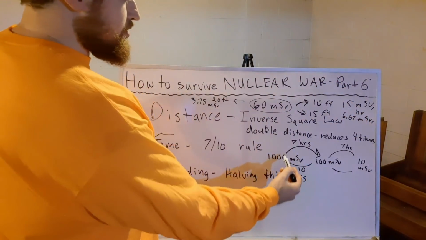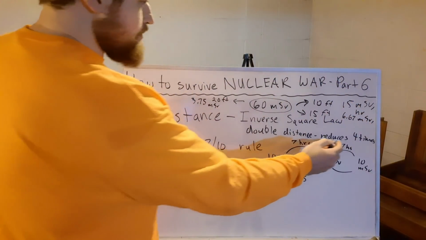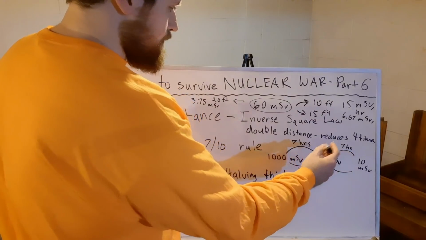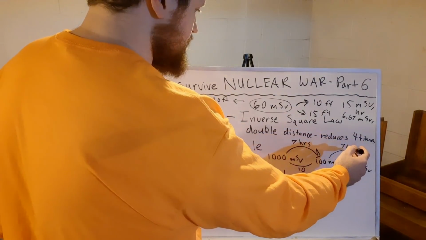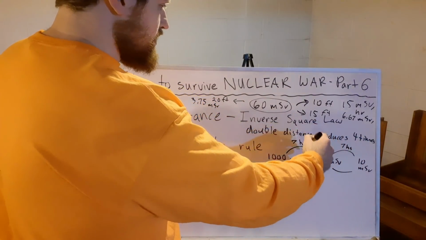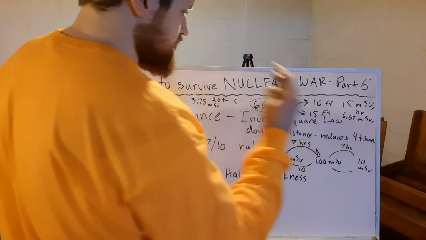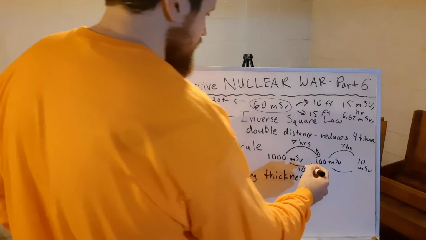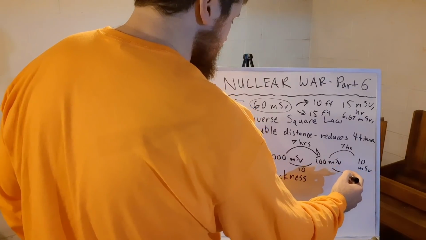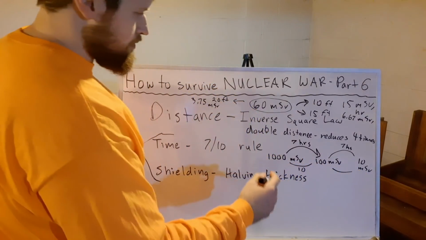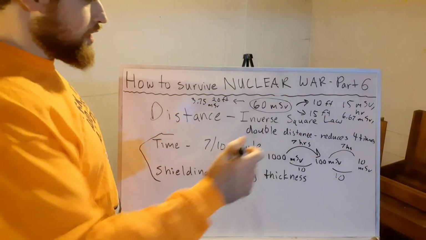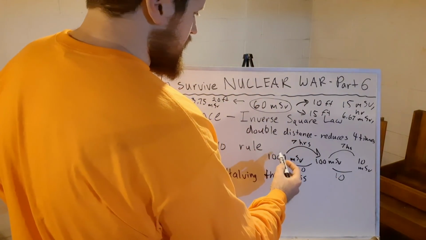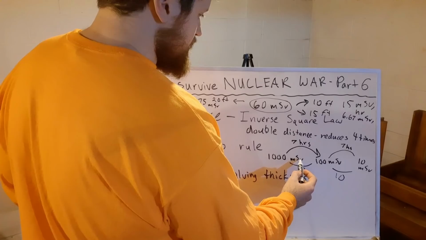So just within 2 days, because 7 times 7 is 49 hours, we went 2 factors of 7 in time, and we went 2 factors of 10 down in radiation. So in 2 days, we reduced the radiation from 1,000 millisieverts per hour to 10 millisieverts per hour.